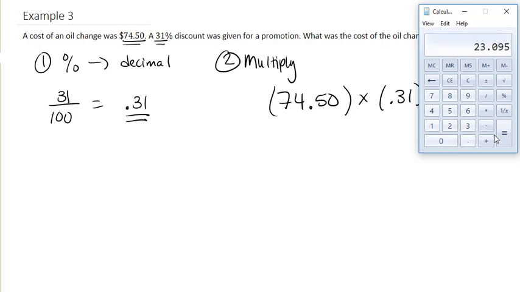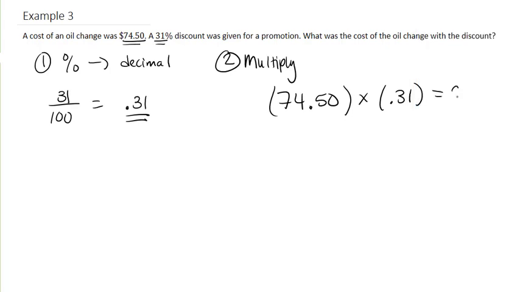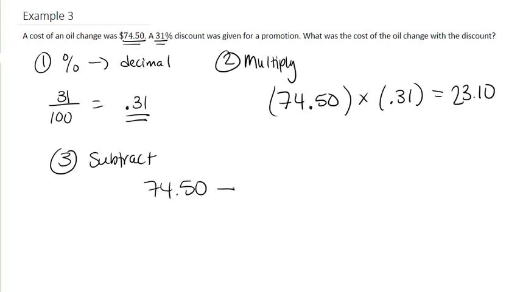And we get $23.10 because we're going to round to the nearest hundredth. And then our final step will be to subtract. So we take the 74.50, which is our starting number, and we subtract our discount of 23.10.